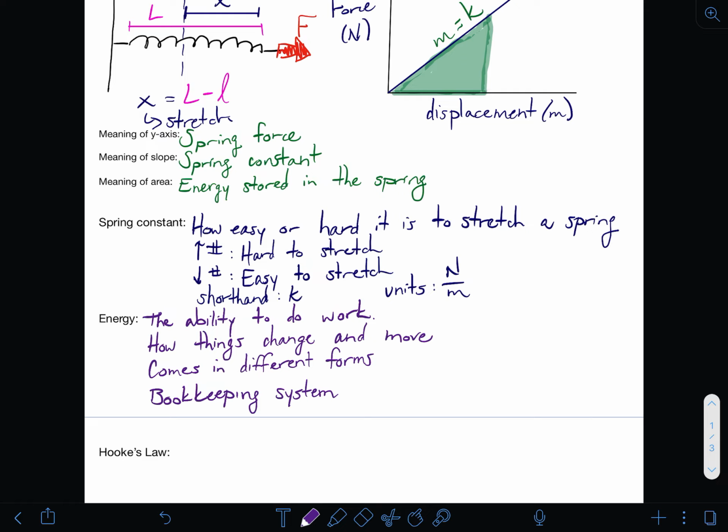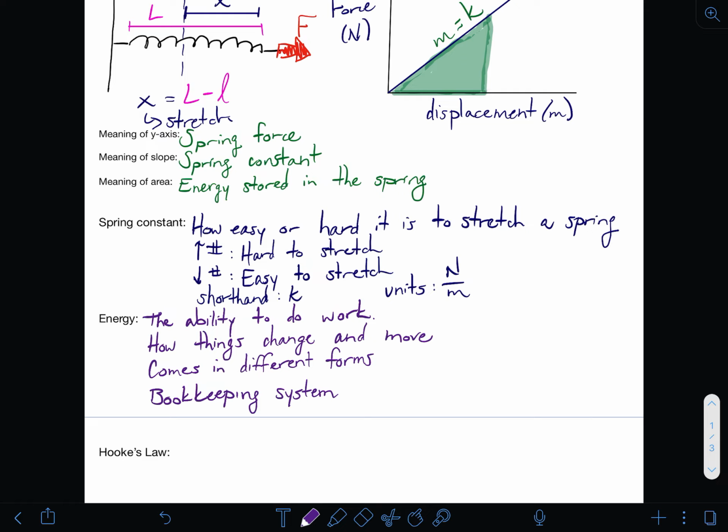If we can just kind of keep notes on all those things and make sure we know where that energy is and what object possesses it, then we actually have a really, really powerful tool that allows us to make predictions about how those objects will move. Just because we can't necessarily see this energy or taste it or visualize it or anything like that, doesn't mean that we can't still use it as an incredibly powerful tool.